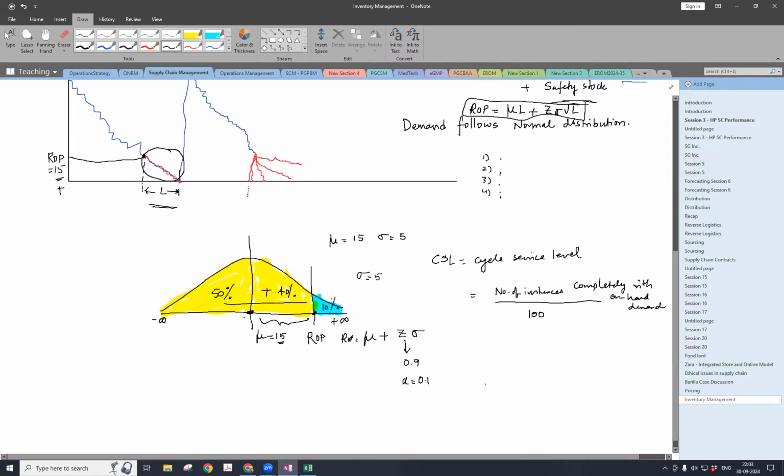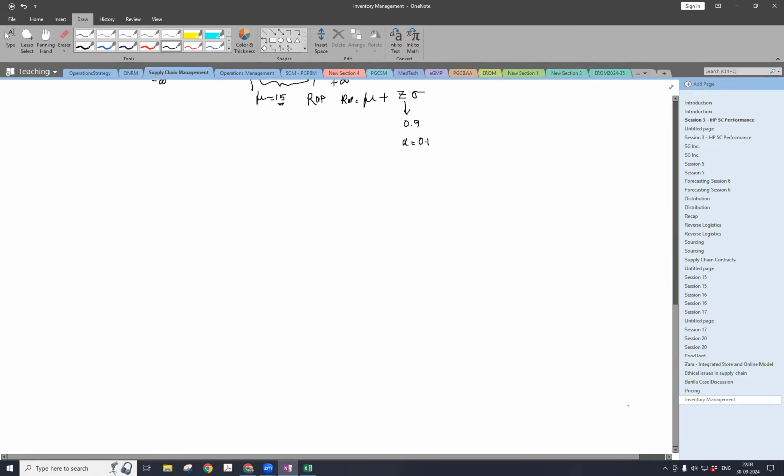It is because whenever we said that the mean demand in the above example for a week is 15 units, right? Now, if we wanted to identify the mean demand for L weeks, we said 15 into L. Here, this is literally saying that we are adding multiple normal distributions.